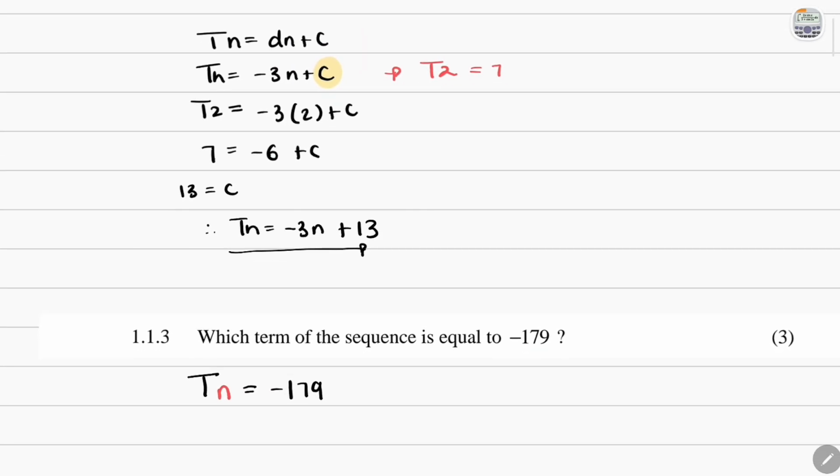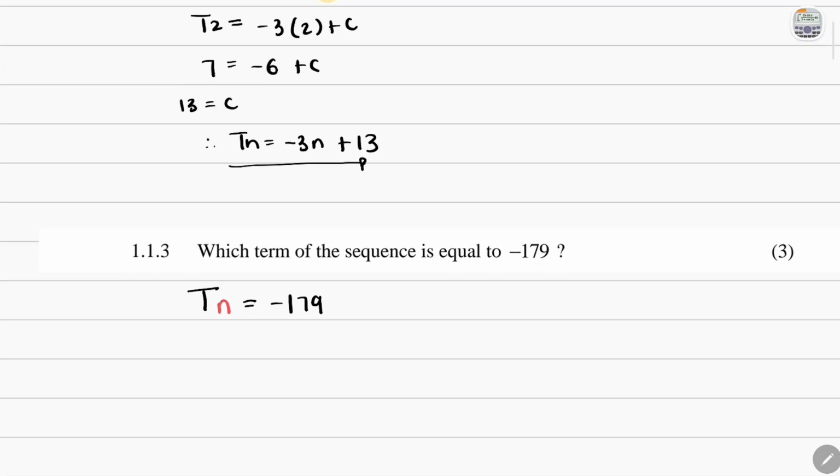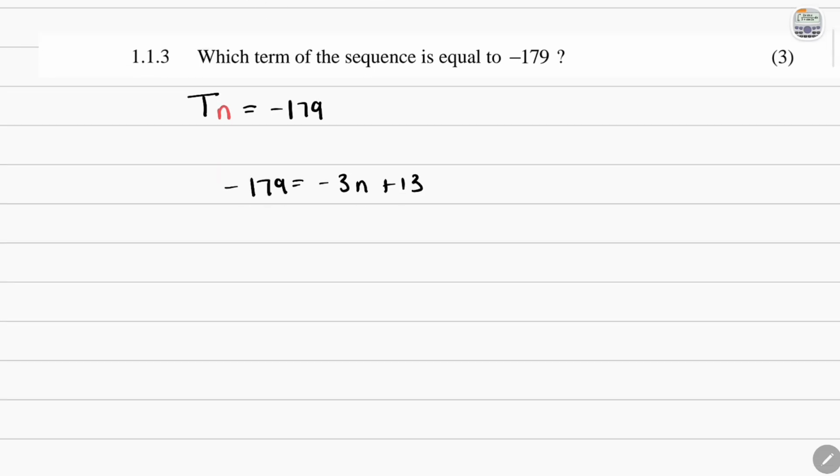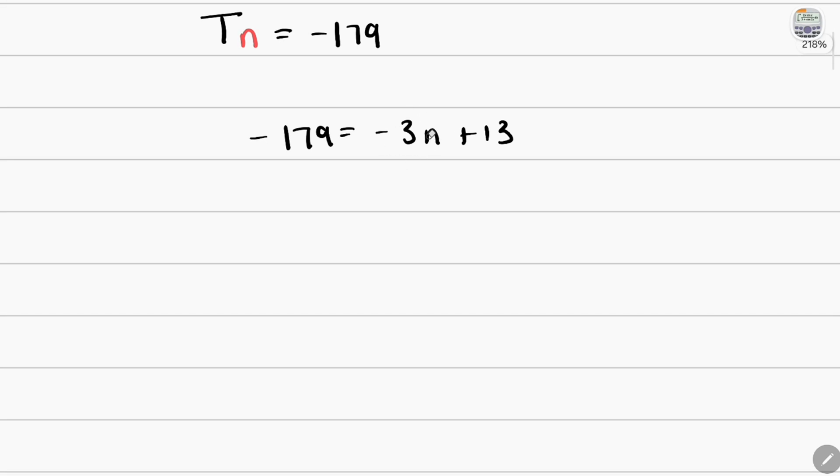From our formula, in place of Tn we substitute negative 179. So negative 179 equals negative 3n plus 13. The coefficient of n is already negative, so we might as well transpose it. We have positive 3n equals positive 179 plus 13, which is 192.